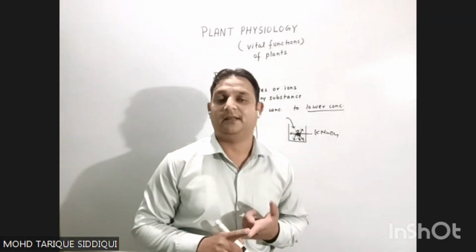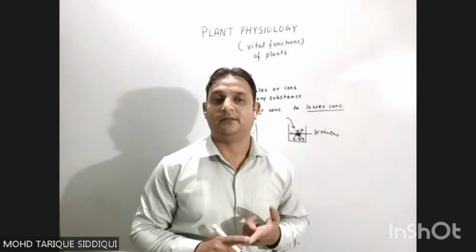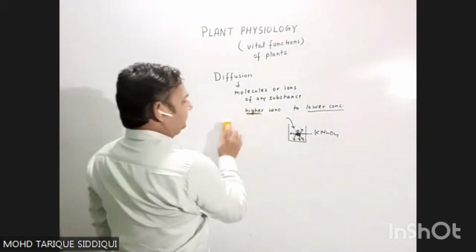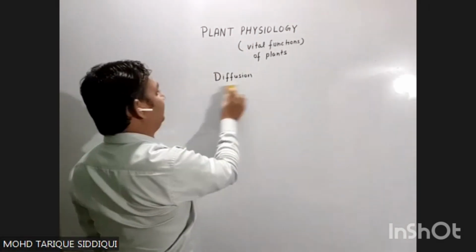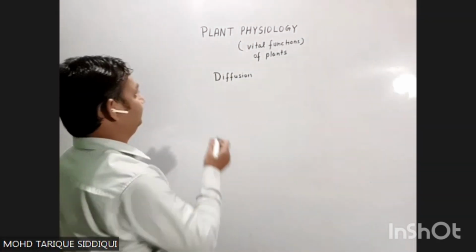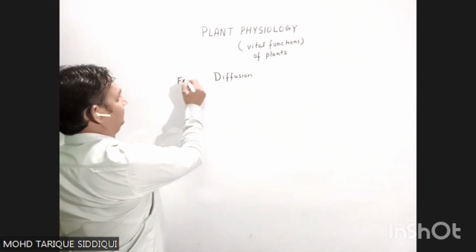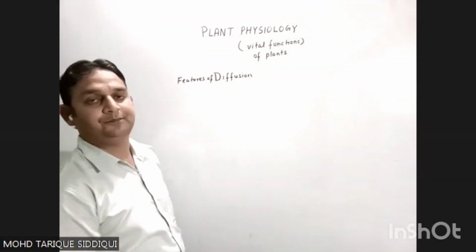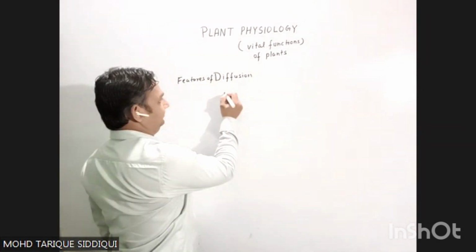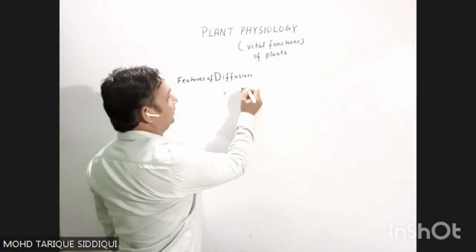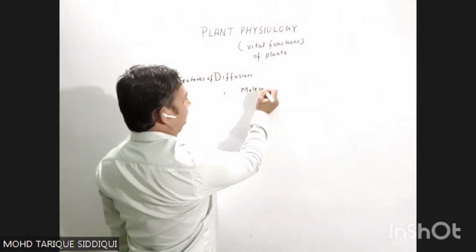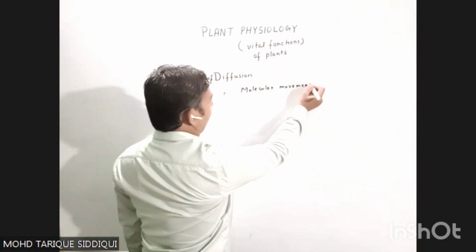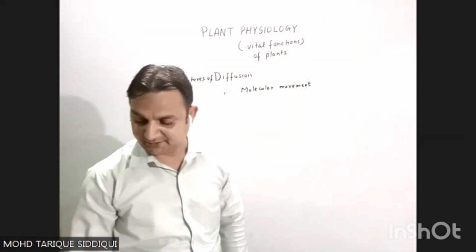Diffusion takes place in all the three states of matter: solid, liquid, and gases. So one by one, we will see the features of diffusion. Number one, it is a molecular movement.